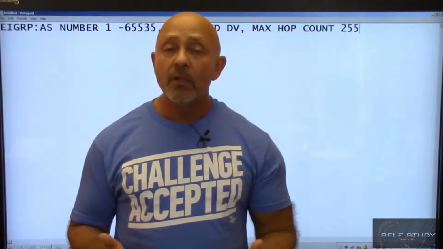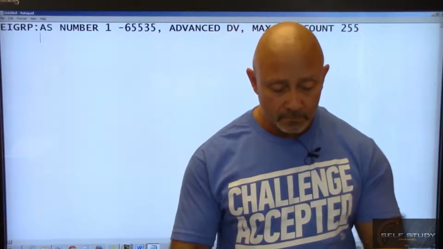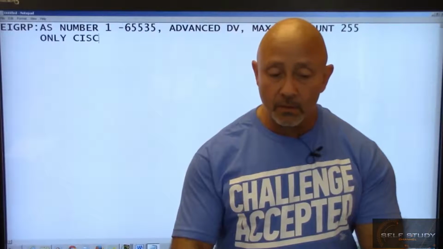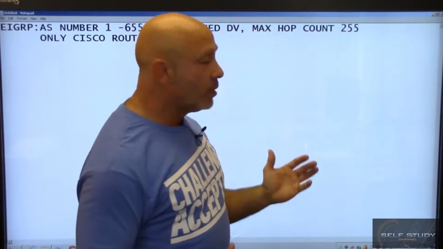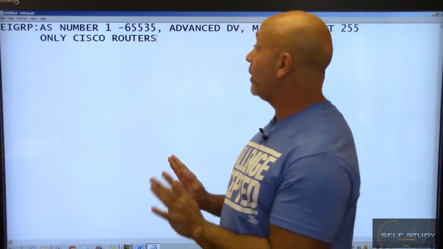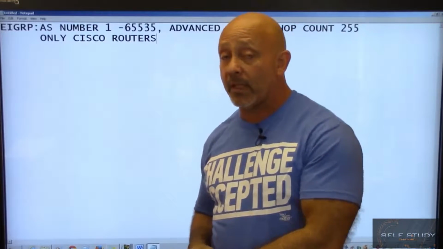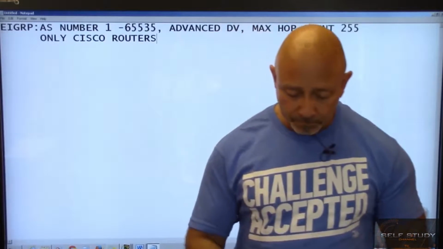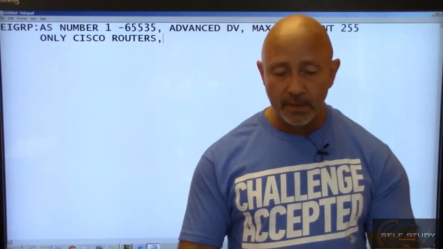So you still don't limit how many routers you can have in your network. Not to mention that it can only be Cisco routers. You can only use Cisco routers, both EIGRP for IPv4 and for IPv6.